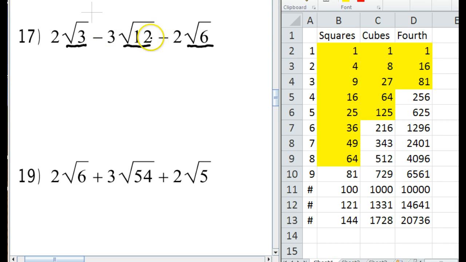So look at what you think could be reduced. So you might point out that radical 12, that's radical 4 times radical 3.